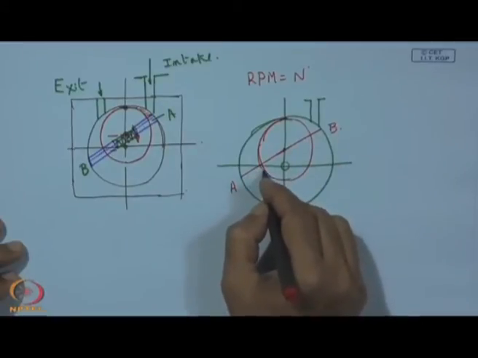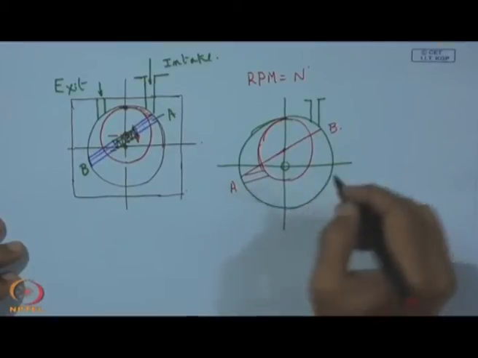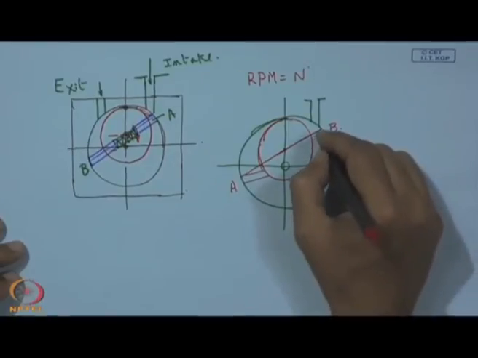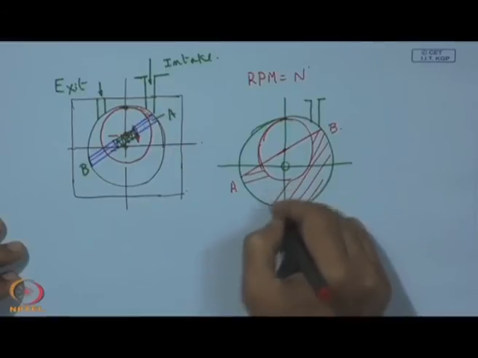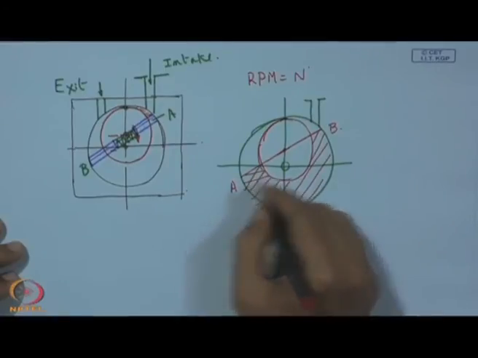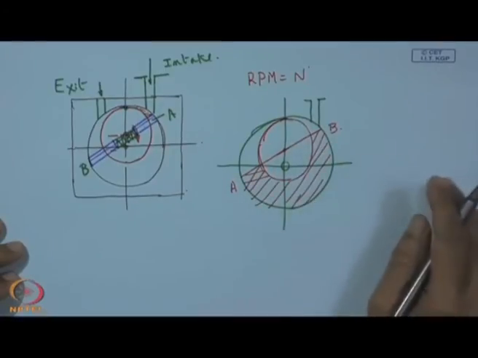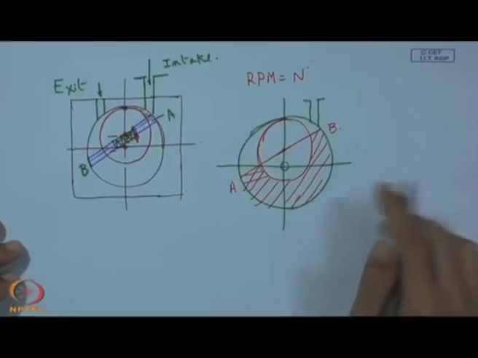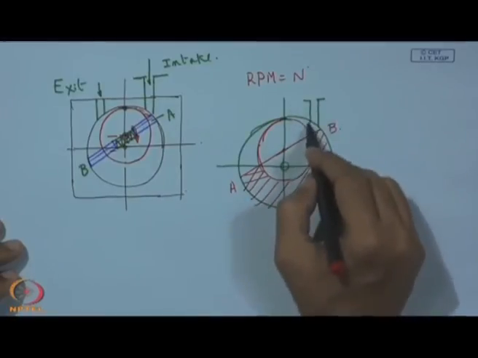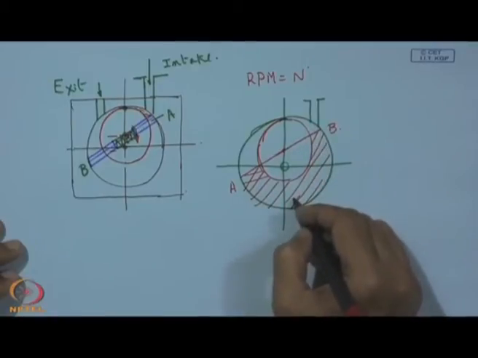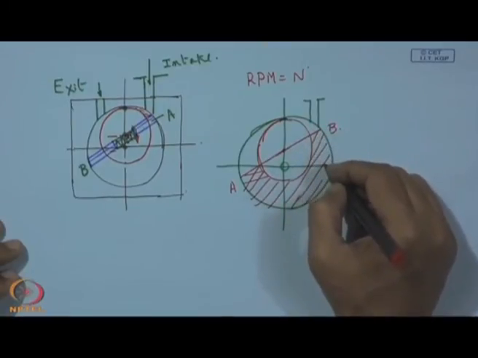So, that will be the maximum volume which will be swept by these two vanes, and this will be the swept volume. That will be the total volume.